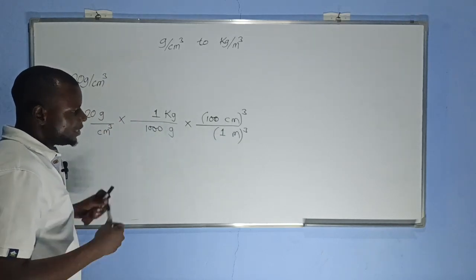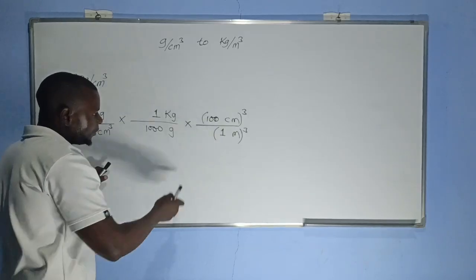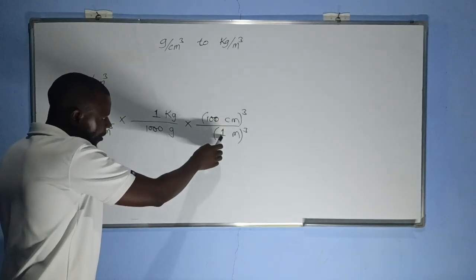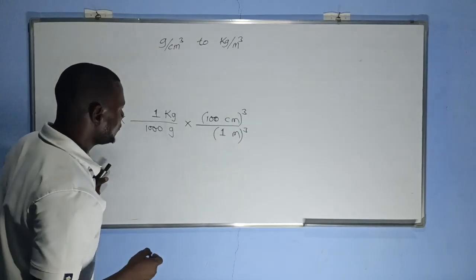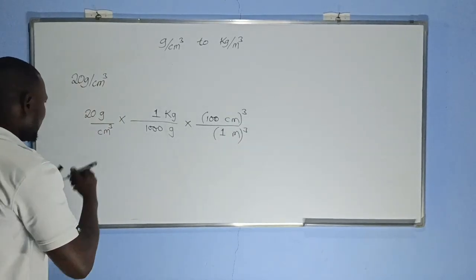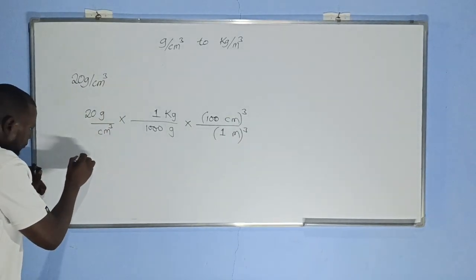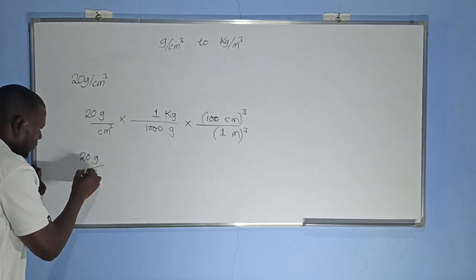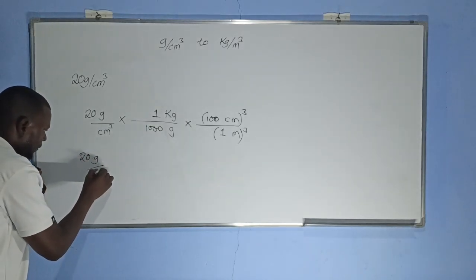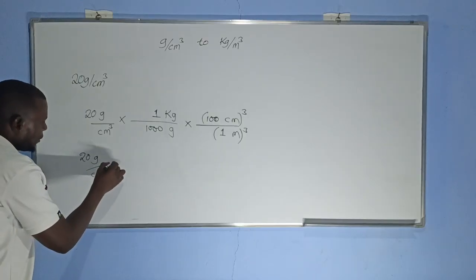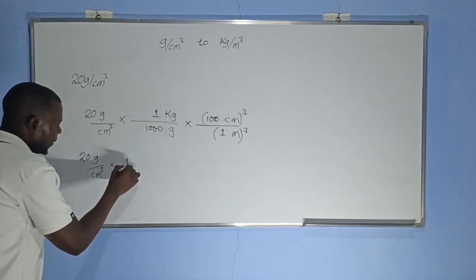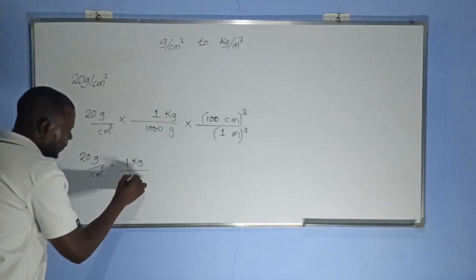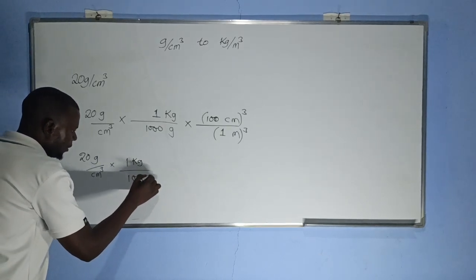Now, this doesn't leave out the value. So the 100 will also be given to the power of 3. The 1 will also be given to the power of 3. So let's write our new information. We'll have 20 grams per cubic centimeter. That will multiply by 1 kilogram per 1,000 grams.